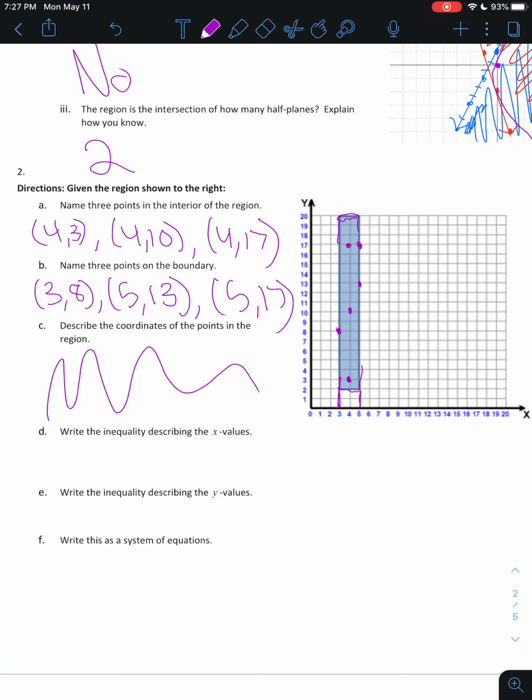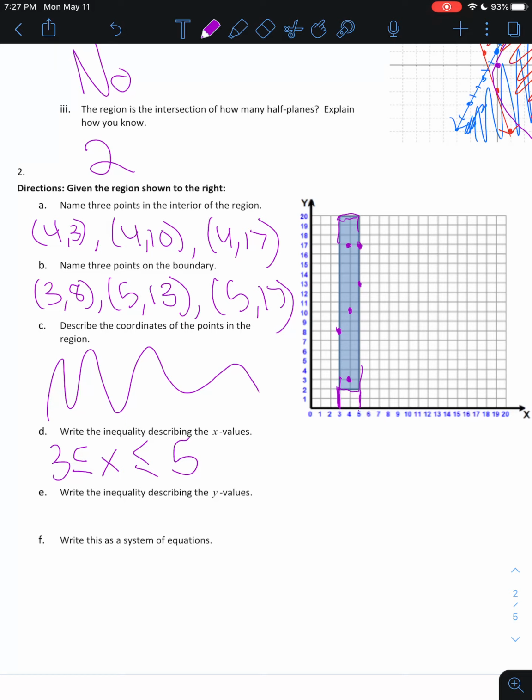So x is greater than or equal to 3, right? We see that because 3 is over here, and all the values in this blue region are greater than or equal to 3, but they're also less than or equal to 5.